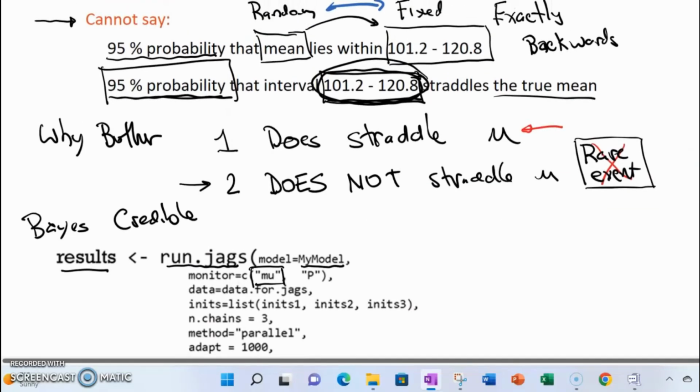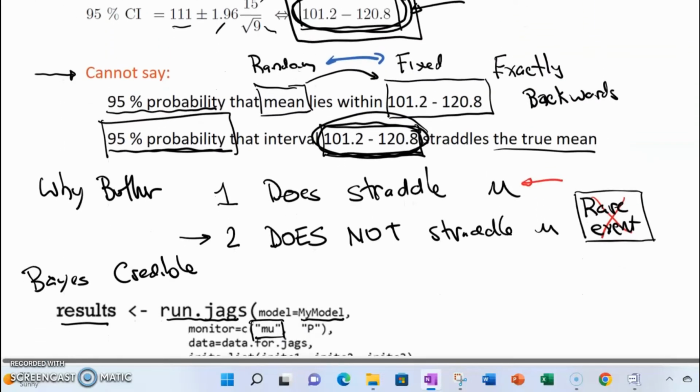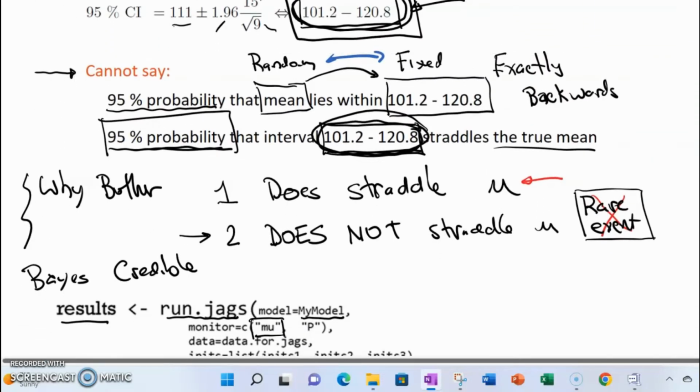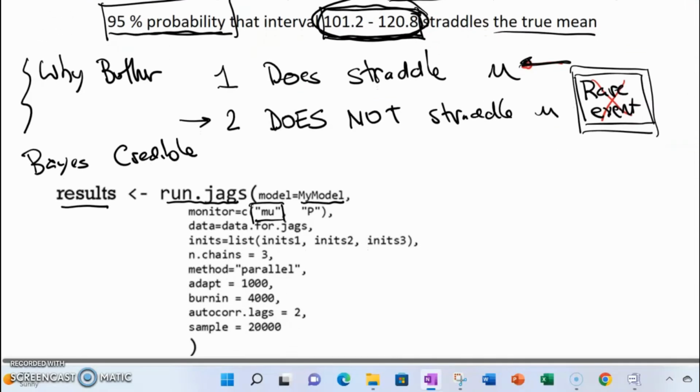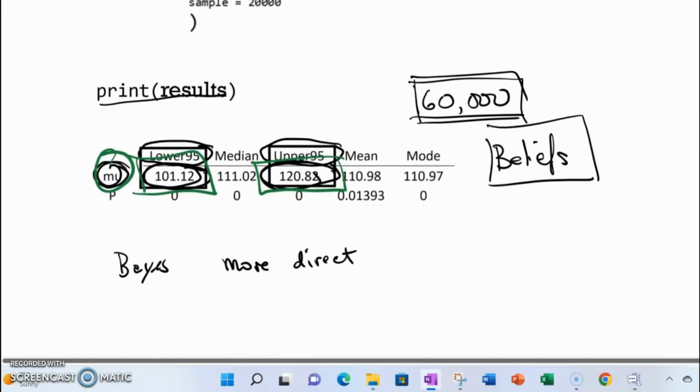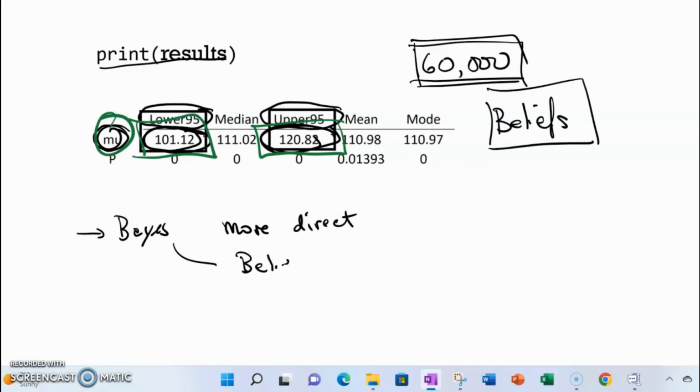In contrast, the frequentist confidence interval is very indirect. We go through this process. We know that one of these two things has happened. We assumed it wasn't a rare event, and that gives us license to say that the interval does in fact straddle the true mean. The price that the Bayesian pays for this is that the Bayesian is dealing with belief.